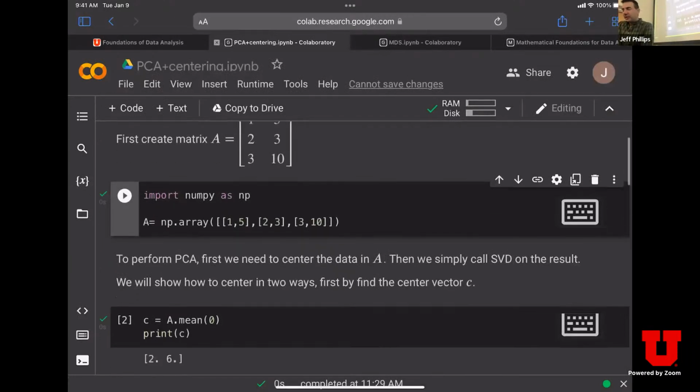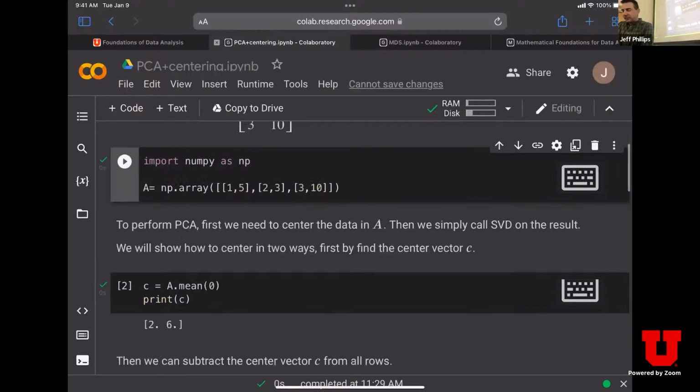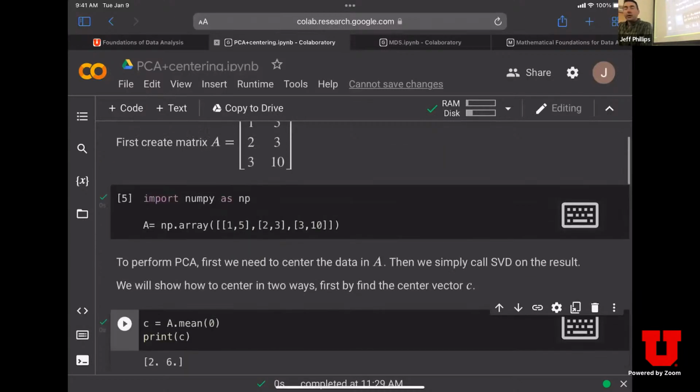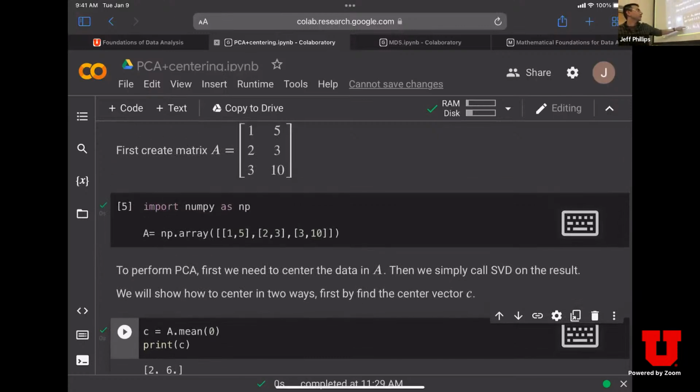This is 3 data points in 2 dimensions. I can take the mean. The mean of the first column, 1, 2, 3, is 2, and the mean of the second column, 3, 5, 10, is 6. So the center vector is 2 and 6.